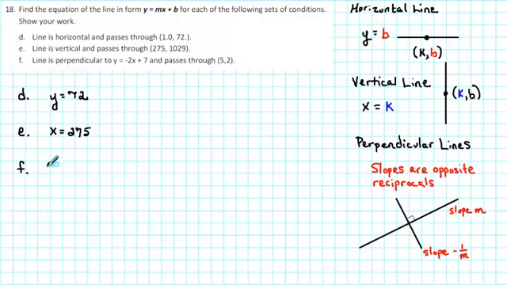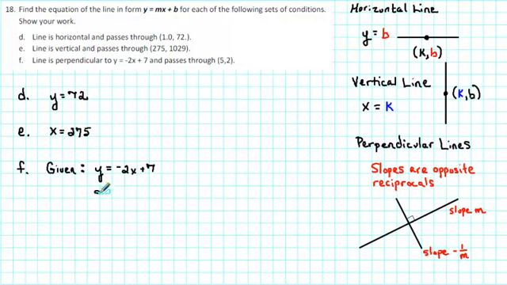So let's write down our given line. We're given y is equal to minus 2x plus 7. This equation is given to us in y equals mx plus b form. We want to recall that the m value is the slope. So m, our slope, is negative 2.